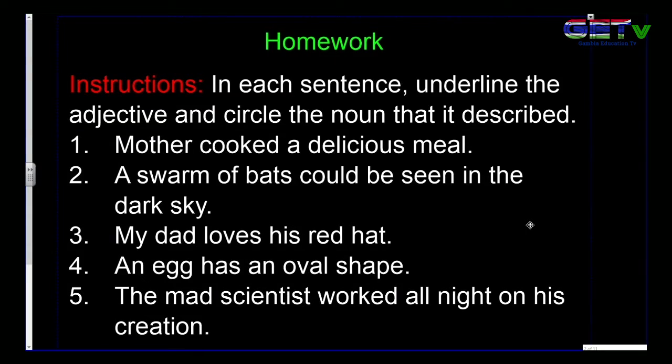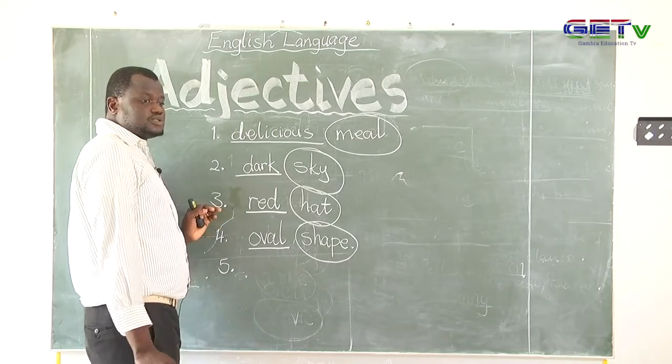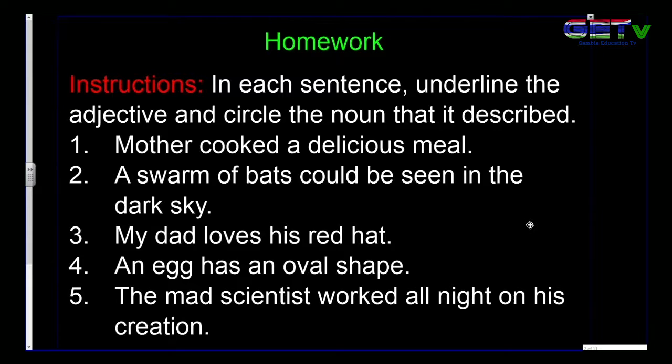The fifth one: The mad scientist worked all night on his creation. Here, the noun is what? Scientist.